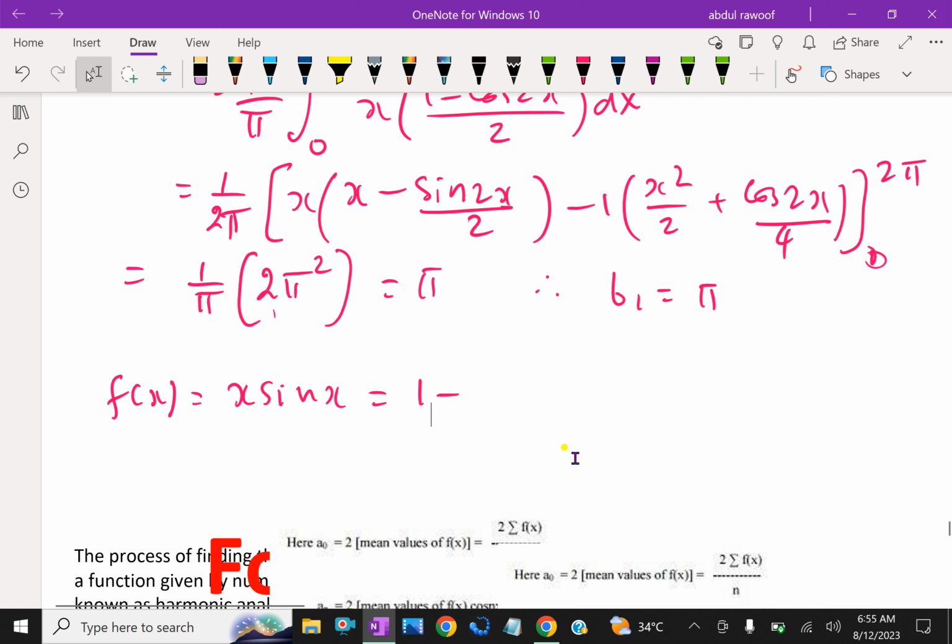That is a0 by 2, first a0 by 2 is 1, then minus half cos x. We'll write this function first.